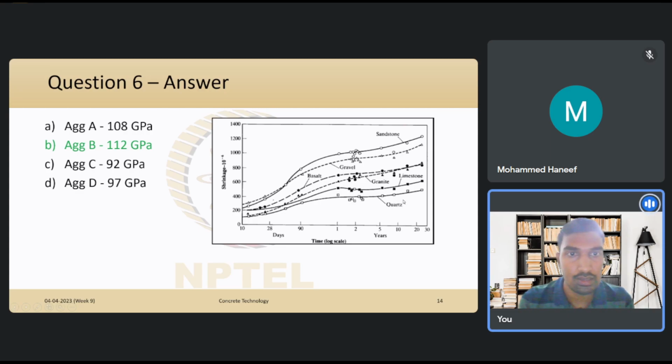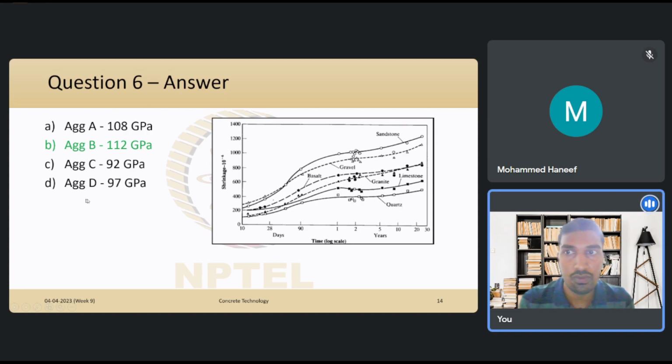The lower ones are stronger aggregates, and the upper ones are relatively less stiff aggregates. What we see is that the ones with higher modulus of elasticity show less shrinkage at different times. So if our primary interest is to reduce the shrinkage, we should go for the ones with higher modulus of elasticity.